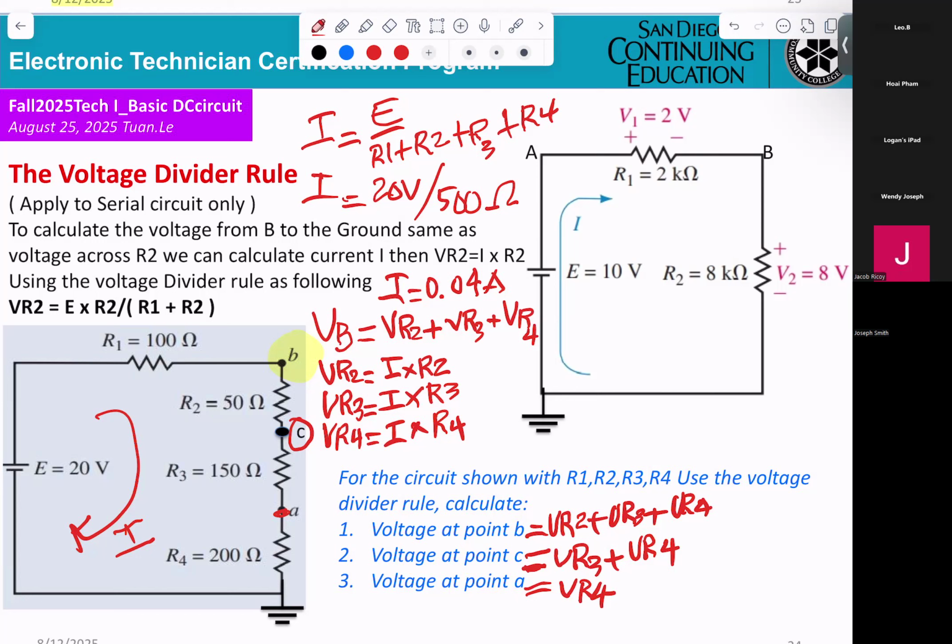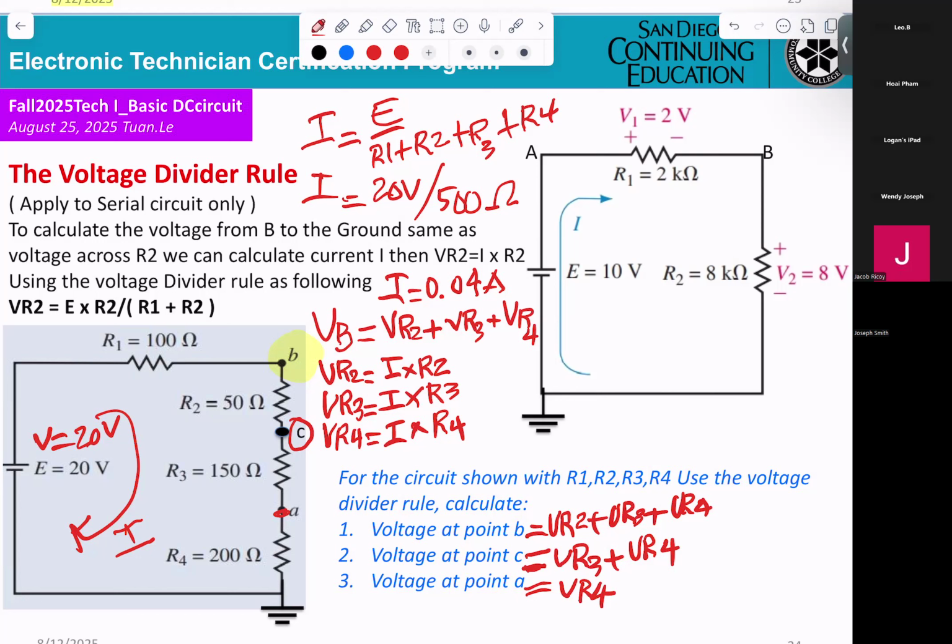So E is for voltage then? Yeah, either E or V doesn't matter. In the textbook, they're using E for voltage. And then when it says calculate the value of the resistance from VB, we skip resistor one because we just want to go from B to ground, correct?